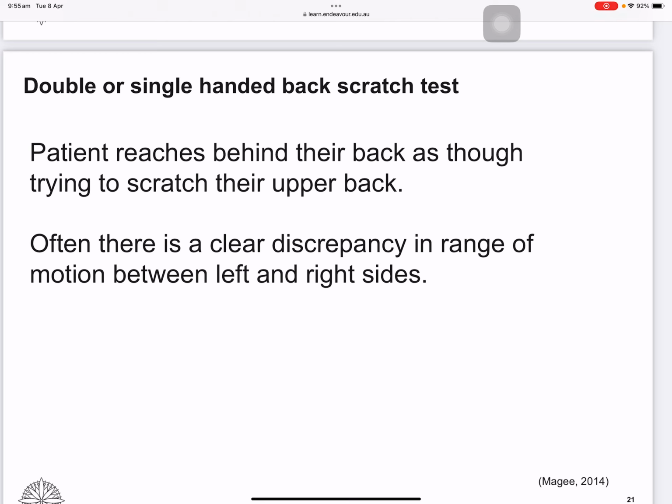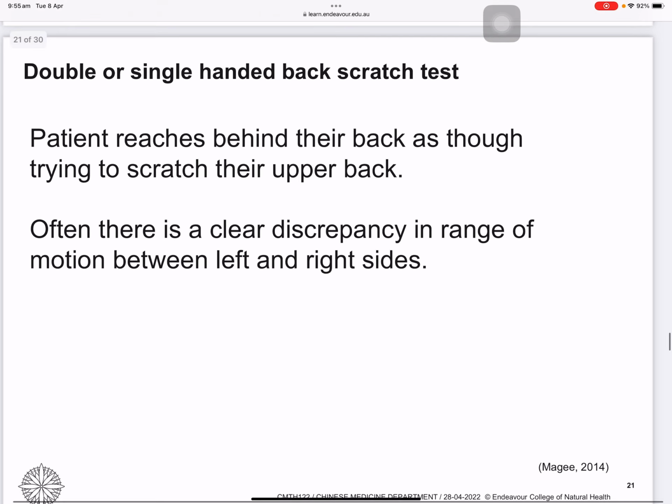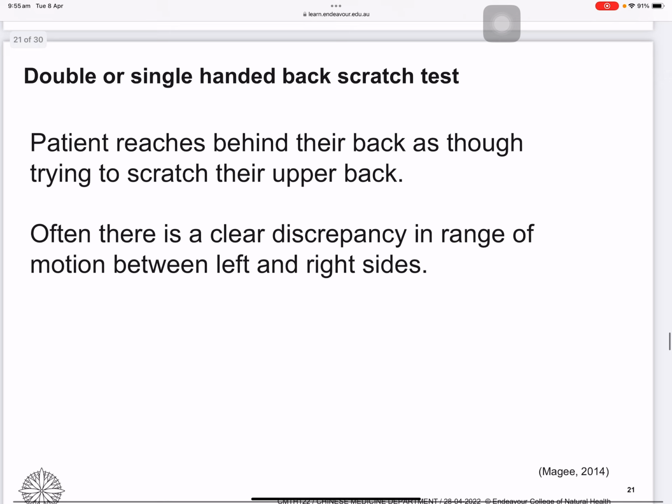Perform 2 practice trials in the preferred position, then 2 test trials that are measured. Measure the distance between the tips of the middle fingers to the nearest half inch, regardless of alignment behind the back. Indicate a minus if the fingers do not reach, and a plus if the middle fingers overlap. Record the better of 2 trials.